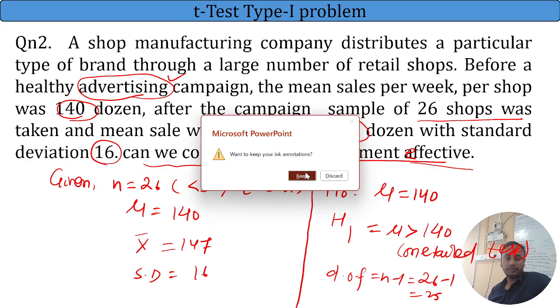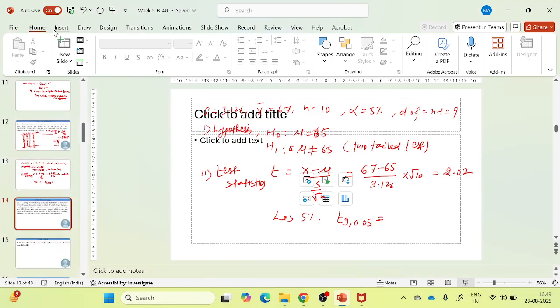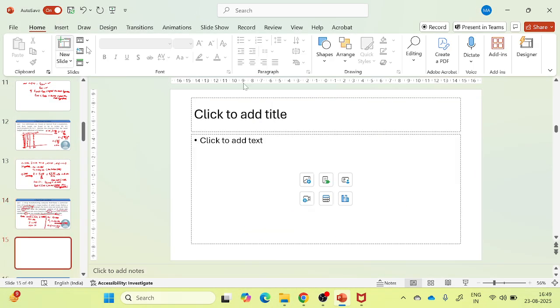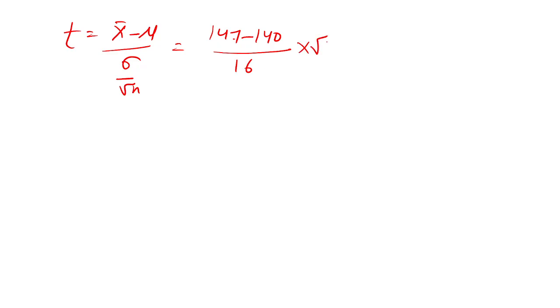I'll take one more page. T is equal to X bar minus mu upon S upon root n. So X bar we have 147 minus 140, upon 16 into root 26, so that will become 7 into 5 by 16.